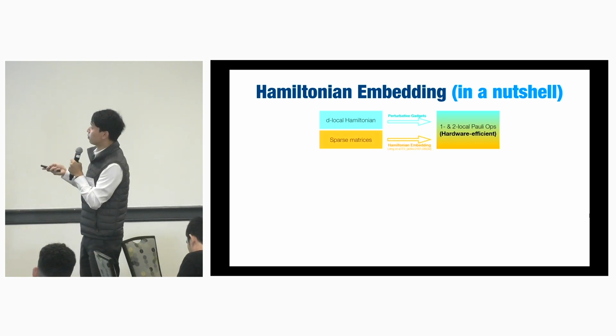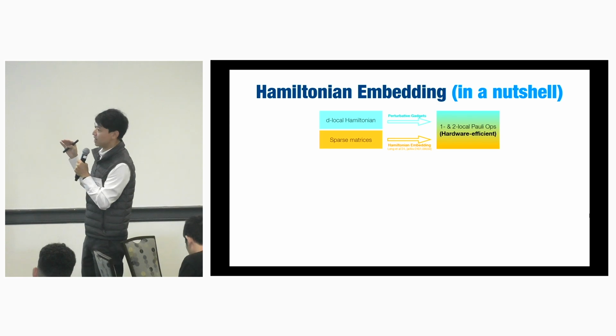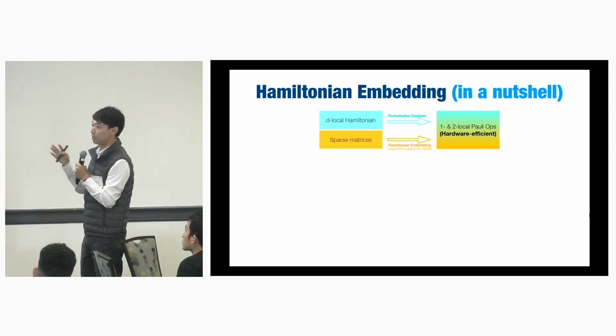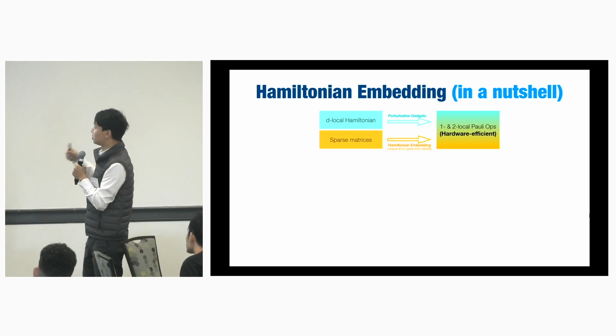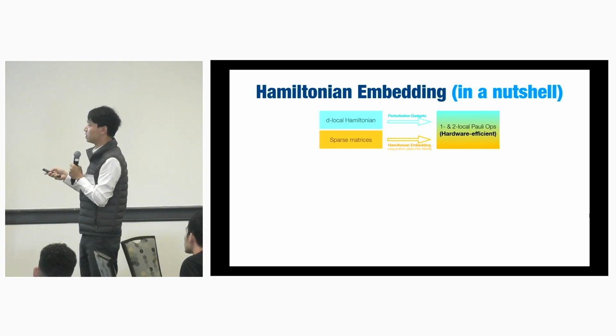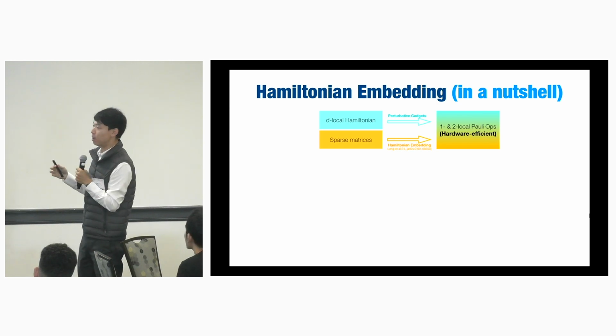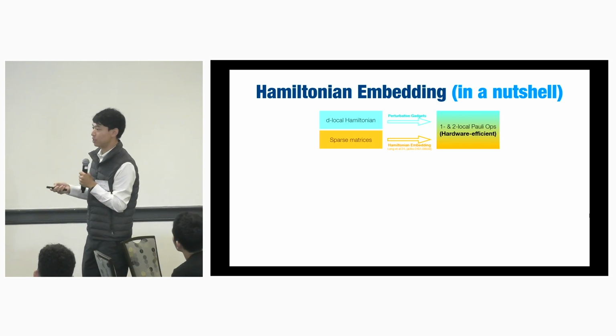Here, our Hamiltonian embedding ideas are closely related to these perturbative gadgets and Hamiltonian complexity ideas. But here we start with sparse matrices, which are more common in computational sciences. And then we slightly change some of the elements in the perturbative gadgets, and then end up still with 1 and 2 local Pauli operators, which matches the analog simulator.